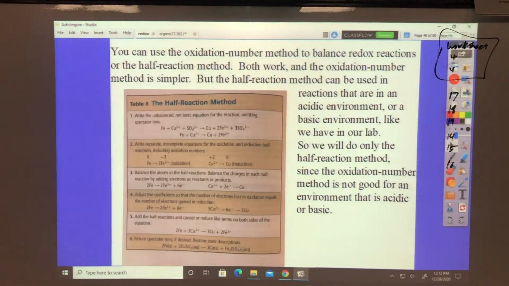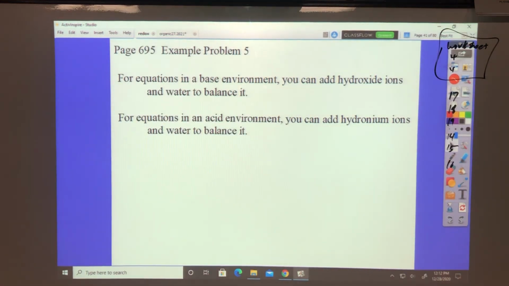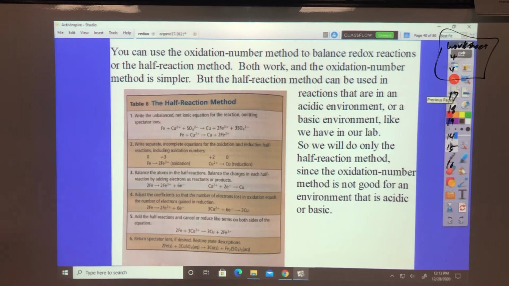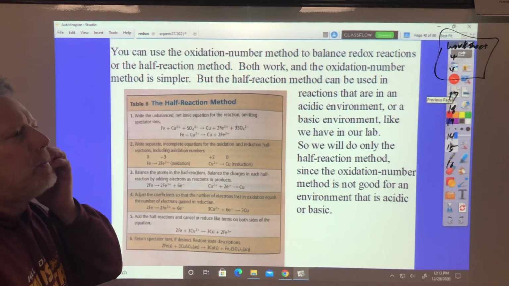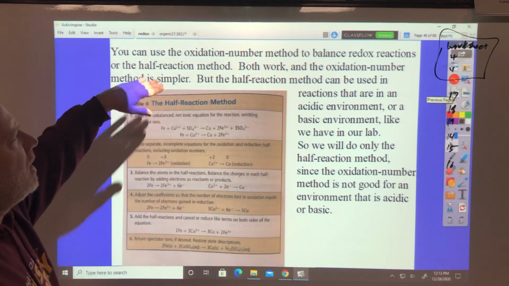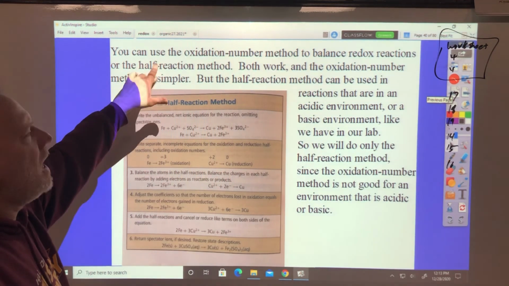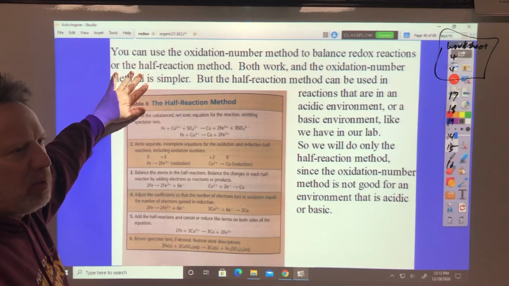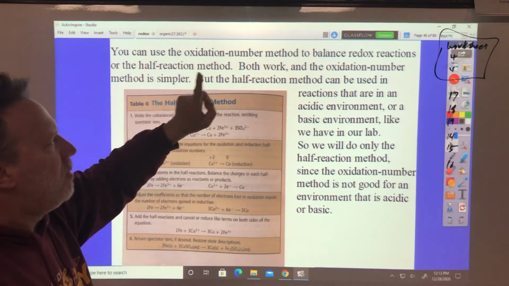Okay, now we're going to get into balancing reactions. There are two methods. You can use the oxidation number method or the half reaction method. Both work. Oxidation number method is simpler.